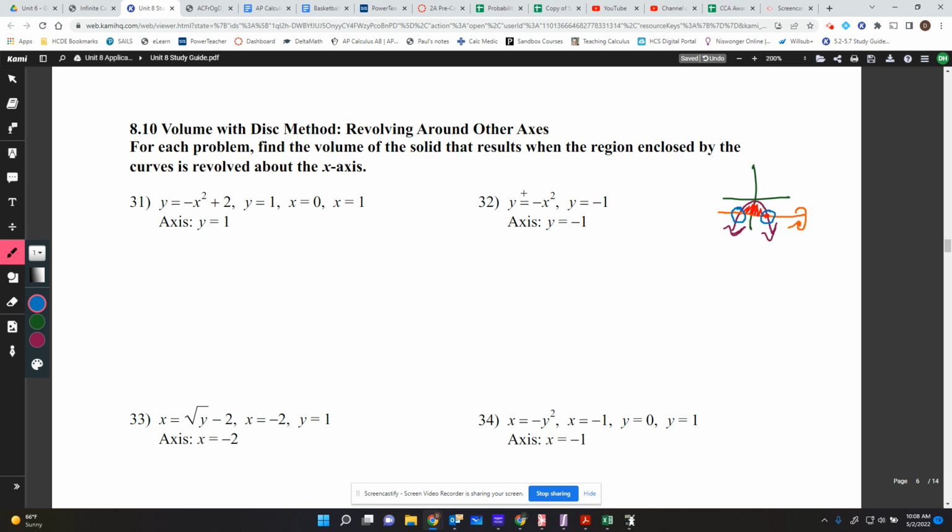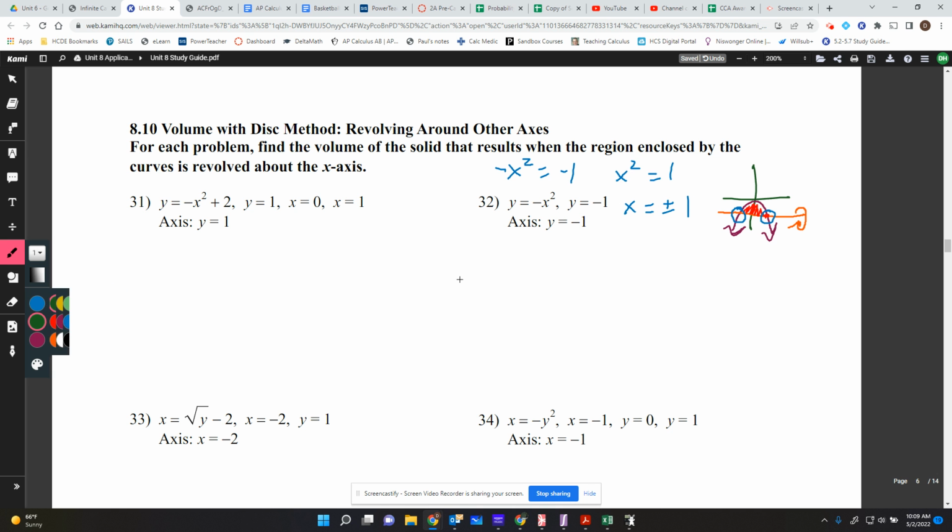So if we just set up here negative x squared equal to -1, because the purple one is negative x squared, the orange is -1, we just need to see where they intersect. Divide both sides by -1, x squared equals 1, so x equals plus or minus 1.